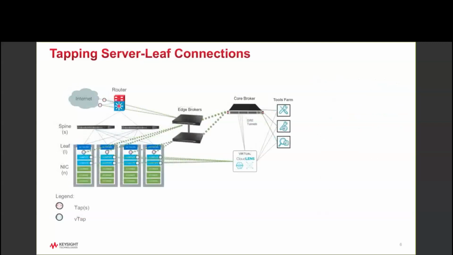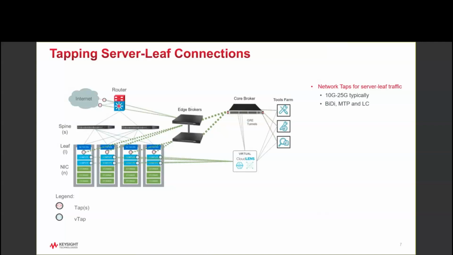Exactly. Yeah. And as we go to this slide, tapping the server leaf connections, we're taking care of that first miss that you mentioned. So we're tapping all of those server to leaf connections within the rack. So we're gaining that server to server traffic that we missed on the previous slide, within one leaf.